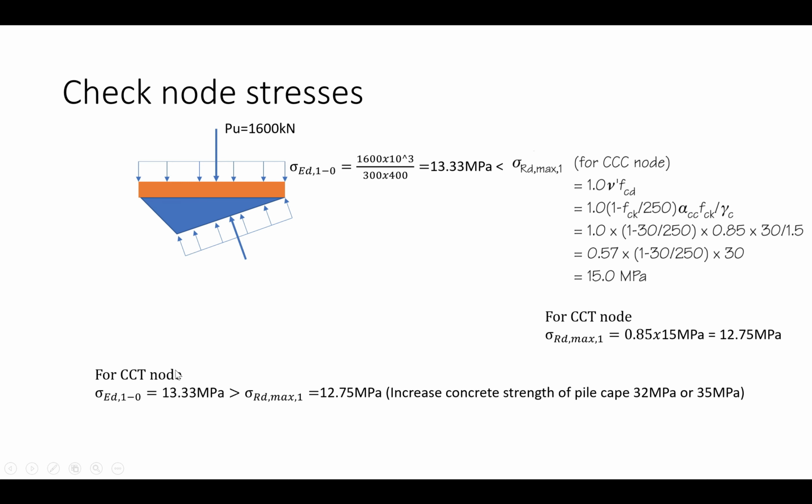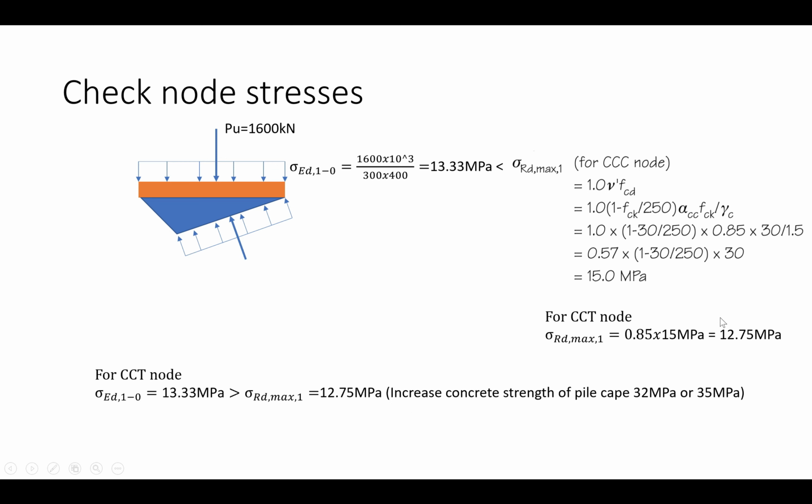So let's compare with the applied stress. The applied stress is greater than the resisting stress. So we should increase the strength of the pile cap to 32 megapascal or 35 megapascal, and after that you should calculate the resisting stress again, to make sure that the value is greater than the applied stress here.